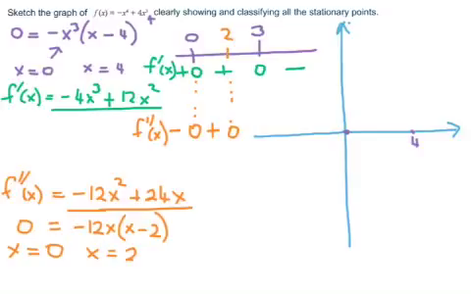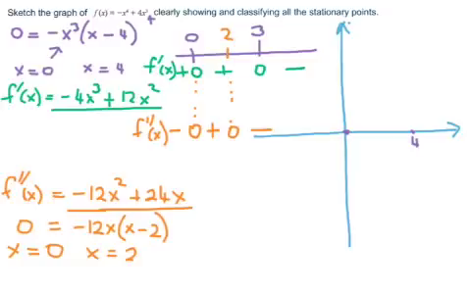So I'm going to have minus 1200 plus 240. So my bigger sign is negative. Okay, so there's my sign charts worked out.